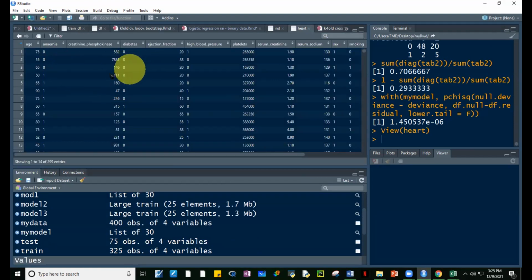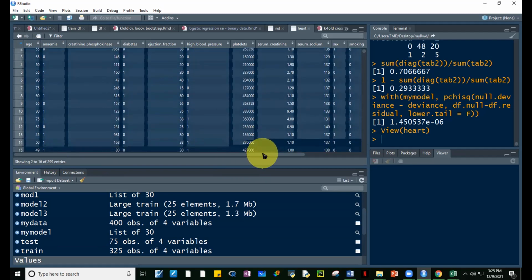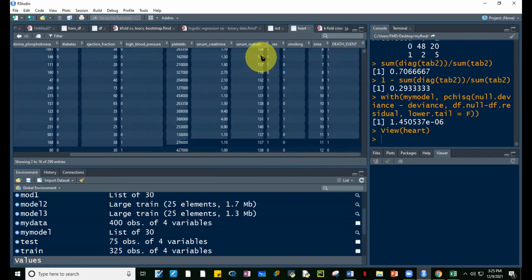Okay, so these are the variables: age, anemia, so definitely this is a categorical variable kung anemic ba siya. And then these are tests, creatinine, di ba sa blood to. Kung diabetic ba yung tao, yung BP, yung platelets, creatinine, yung gender ng individual, tapos smoker ba siya?